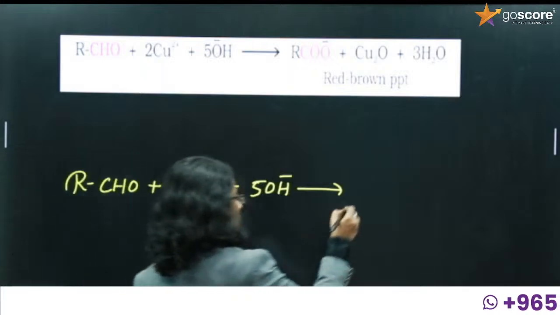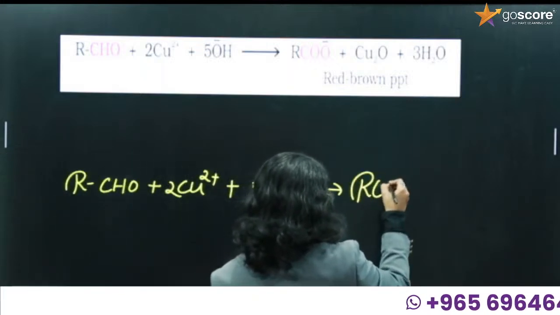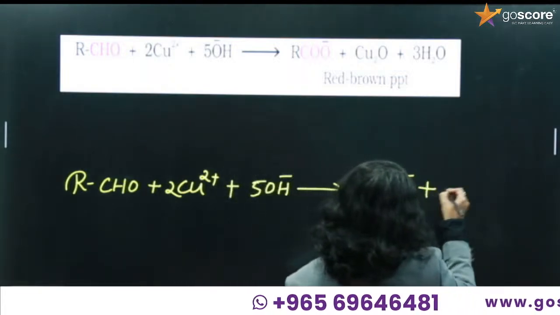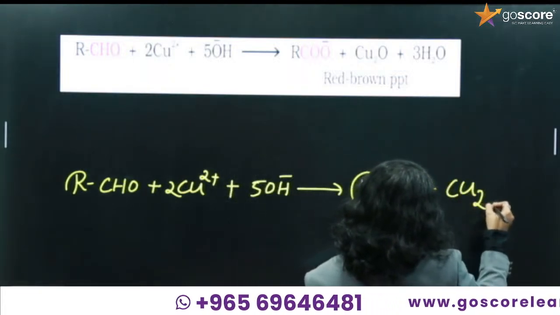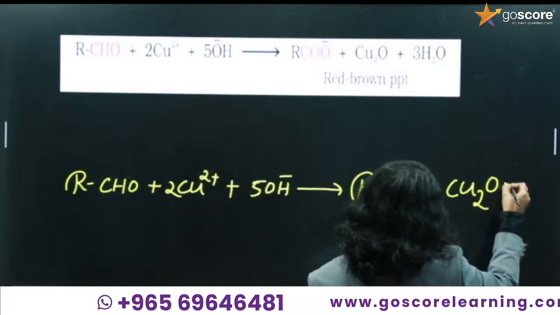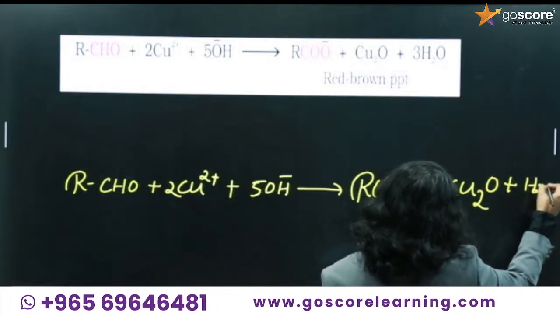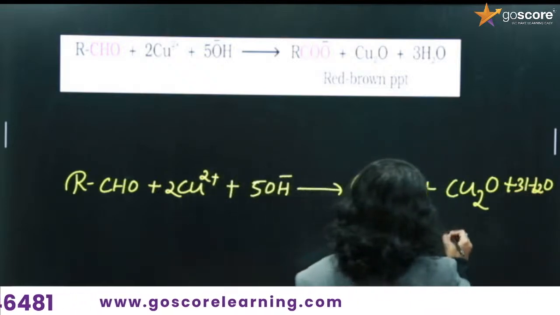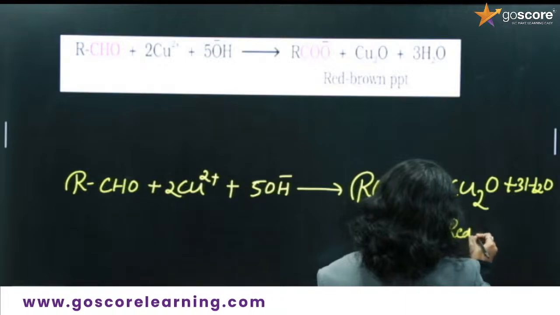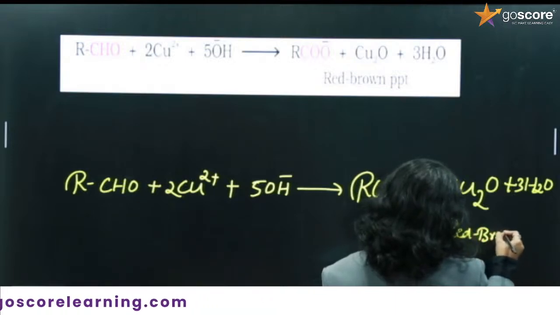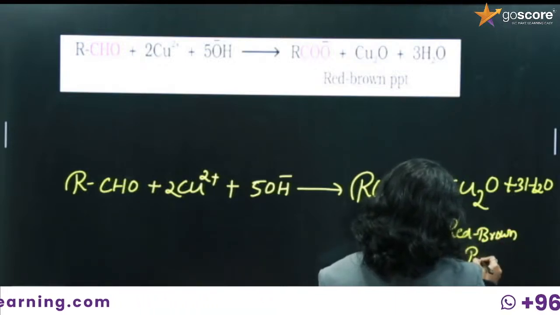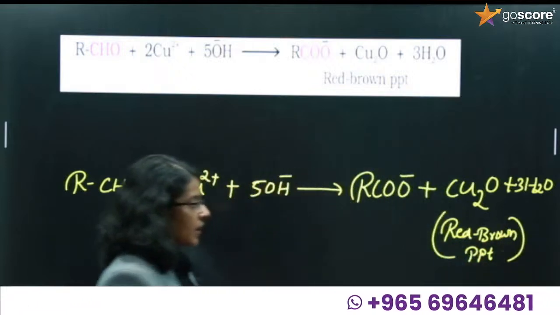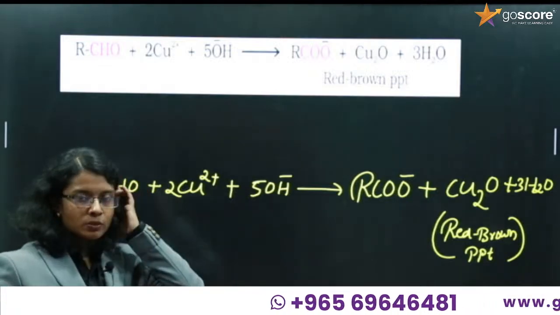You will get the corresponding carboxylate anion, that is RCOO-, plus Cu2O plus H2O. So this is a red brown precipitate, and you can find a red brown precipitate in the test tube.